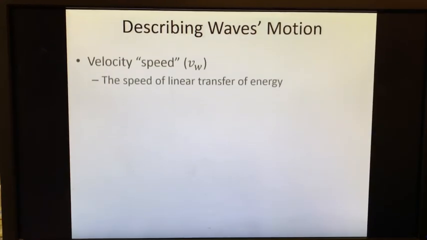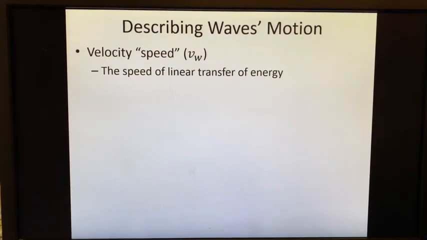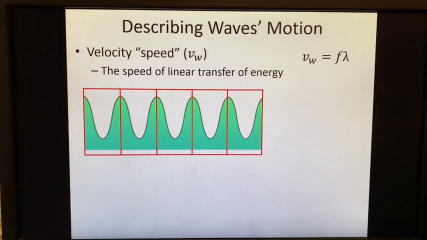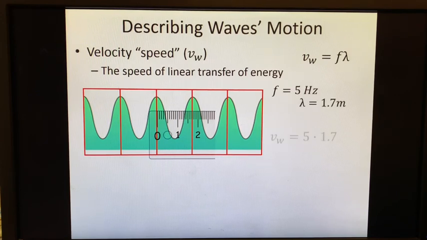All right, velocity or speed of a wave. It's the speed of the linear transfer of energy, how quickly the energy moves from one place to another. Velocity of a wave is the frequency times the wavelength. So we take 1, 2, 3, 4, 5 waves in 1 second, our frequency of 5 hertz, multiplied by the length of that wave, 1.7 meters, to get the velocity of the wave, 8.5 meters per second.